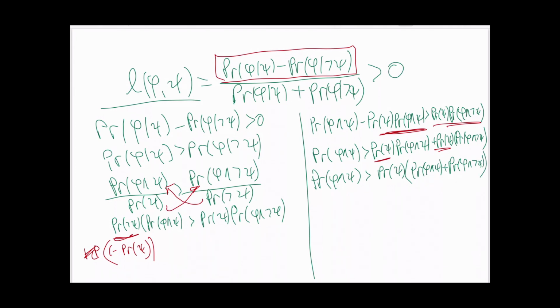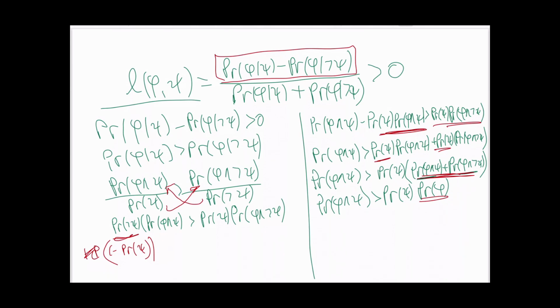So now I want you to note that the probability of phi and psi plus the probability of phi and not psi is actually equal to the probability of phi. So we get that the probability of phi and psi is greater than the probability of psi times the probability of phi. Again, that's because this sum right here is equal to the probability of phi.